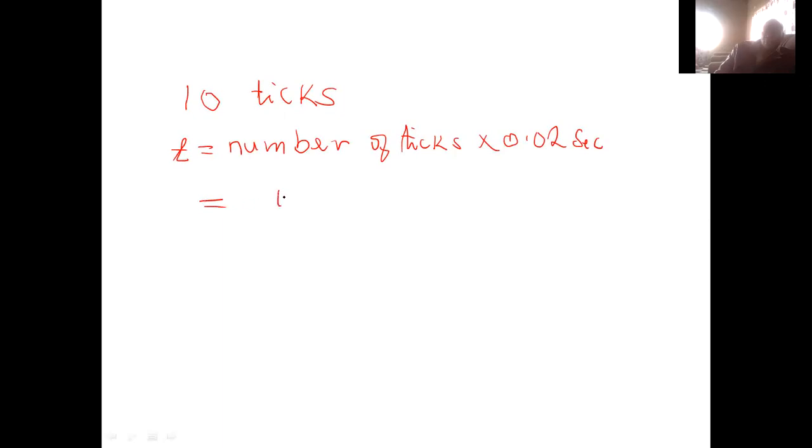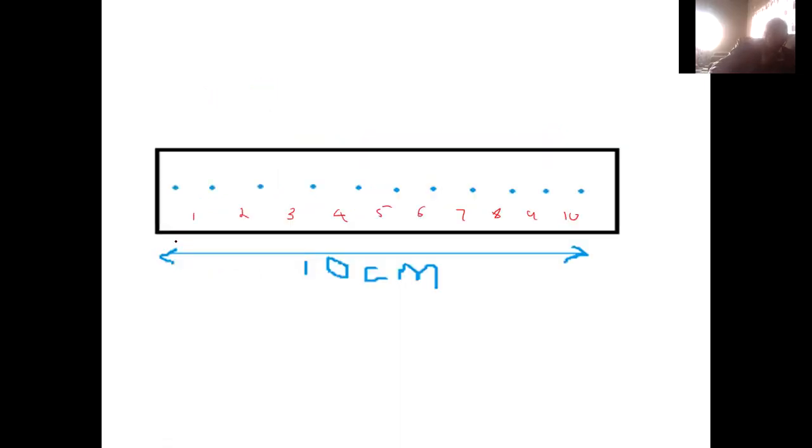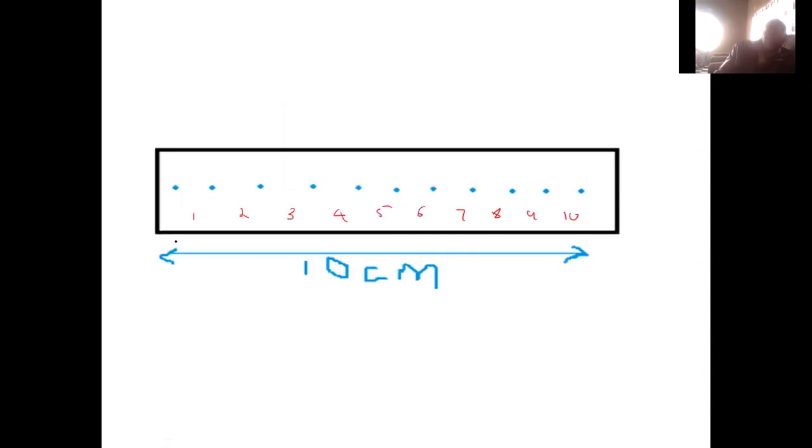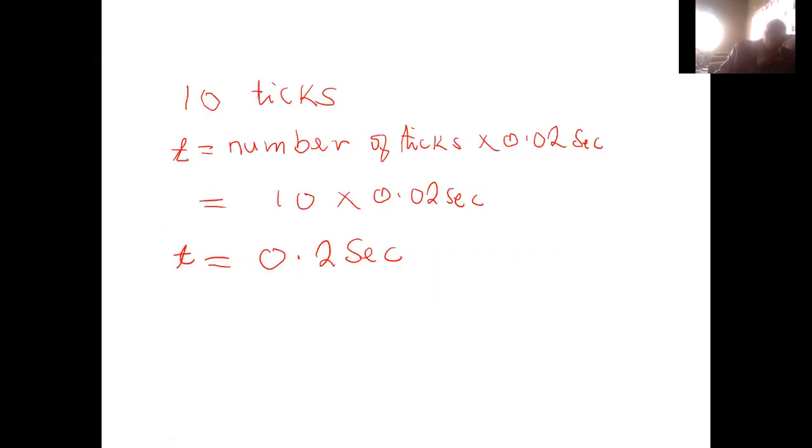Therefore, it will be 10 multiplied by 0.02 seconds, which gives us actually 0.2 seconds. This is the time interval from the first dot to the last dot. So this is our number A.